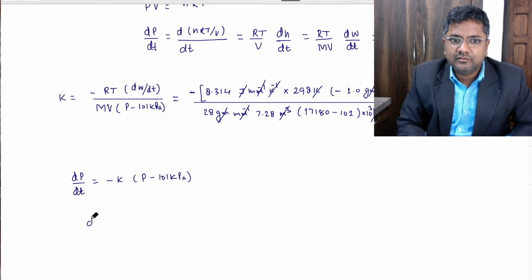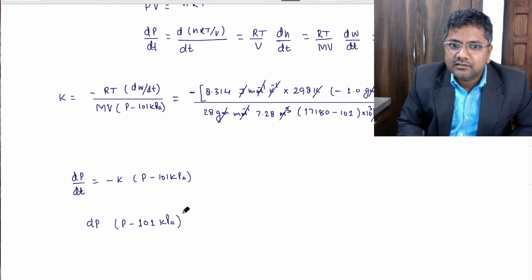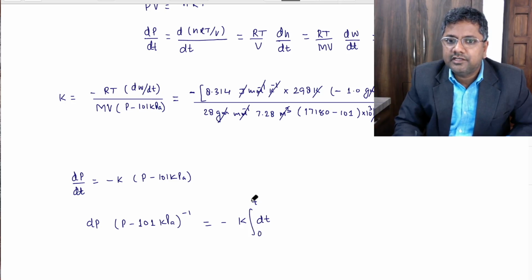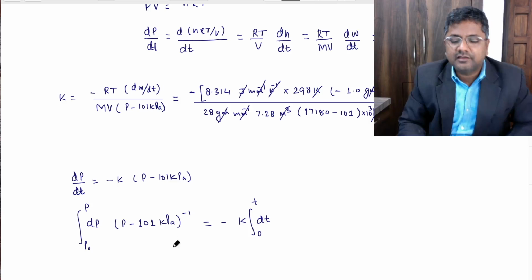So dP times (P minus 101 kilopascal) to the power minus 1 is equal to minus K dt, with limits 0 to T, and P naught to P, right?